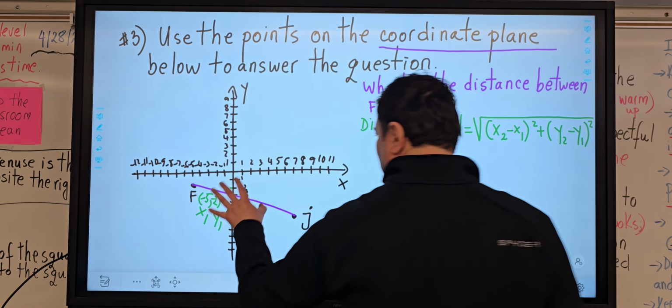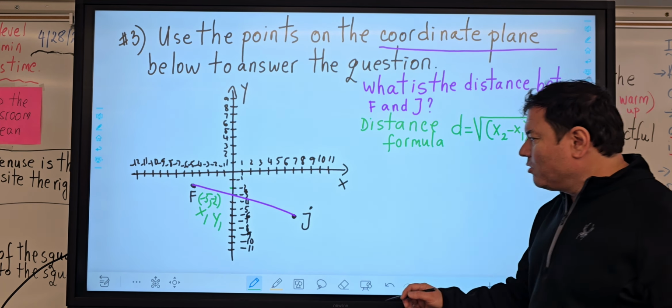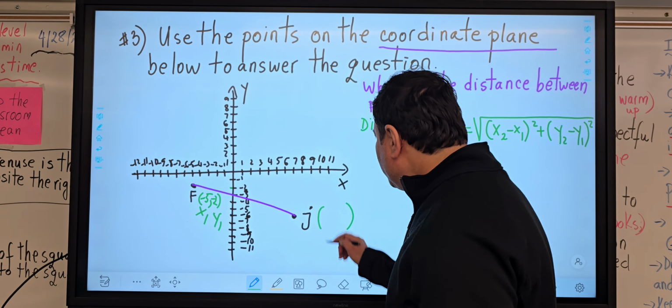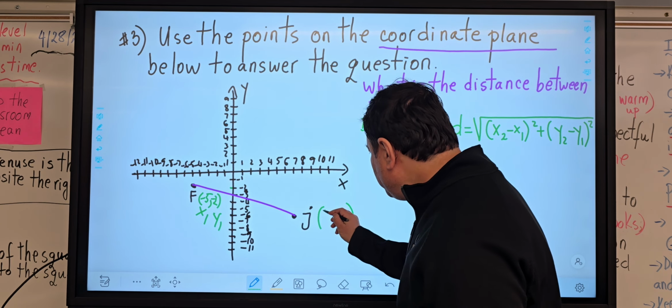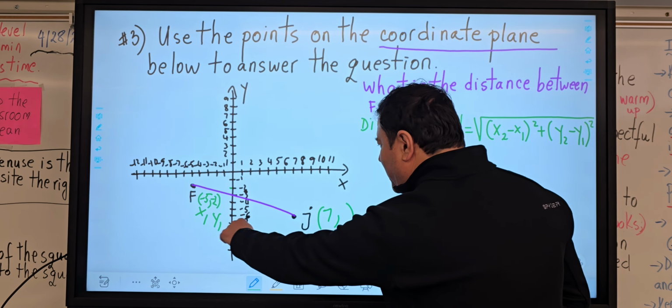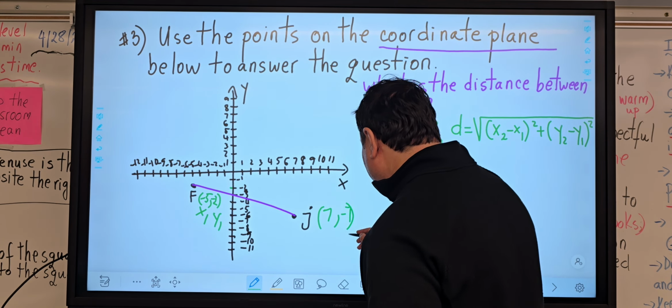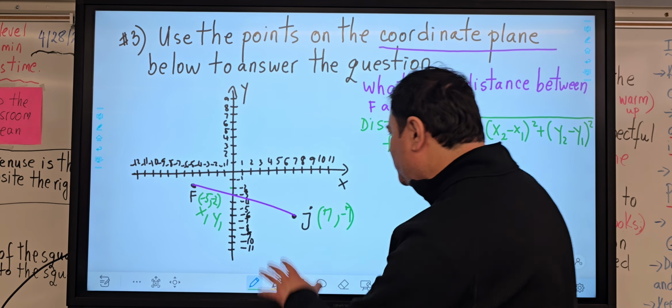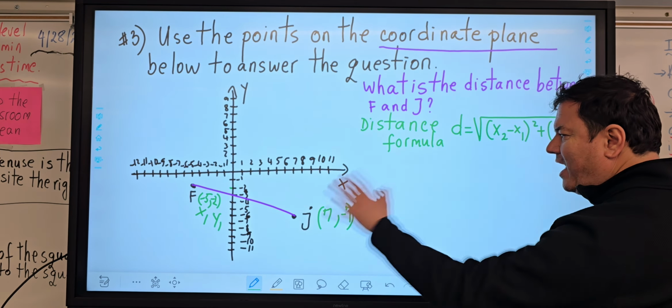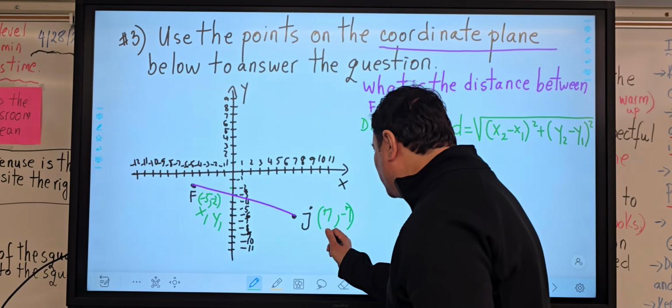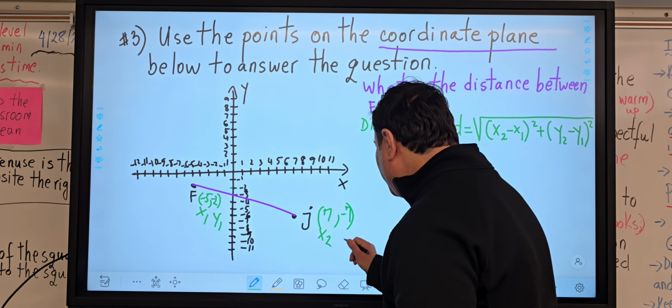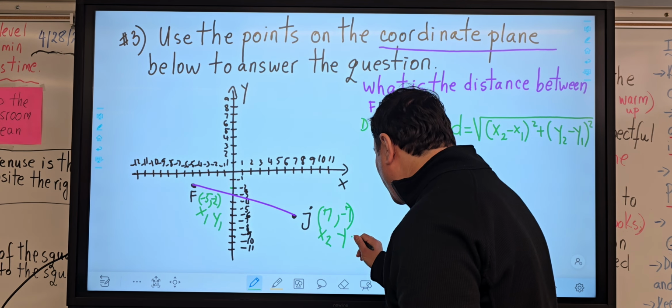Now let's find the location of J. For J, x is 7 and y is -7. The 7 is now x2, and -7 is now y2.